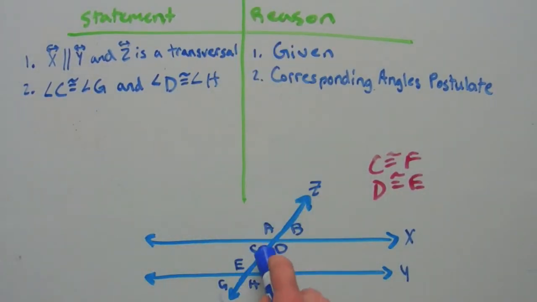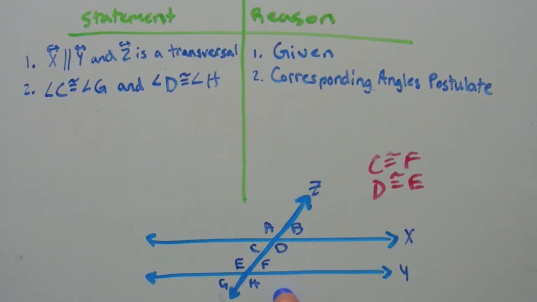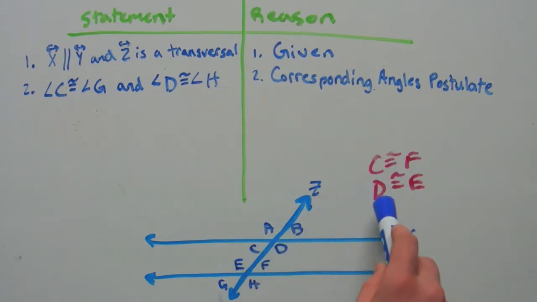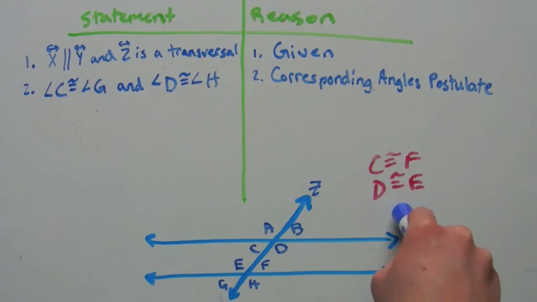So we have that C is congruent to G and D is congruent to H. But what we need to prove is that C is congruent to F and D is congruent to E. But you can see that E and H, and F and G, are vertical angles and therefore also congruent.